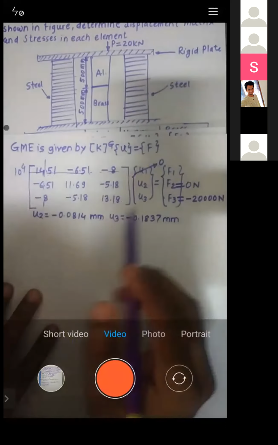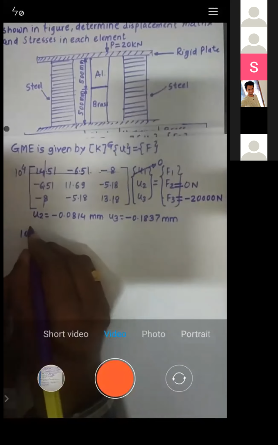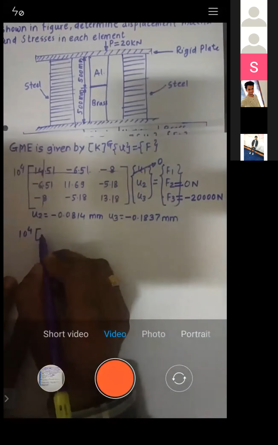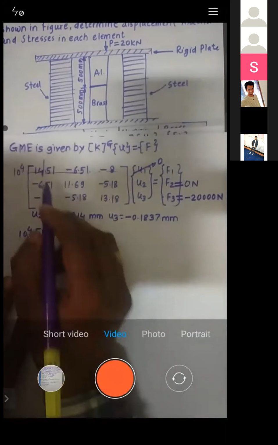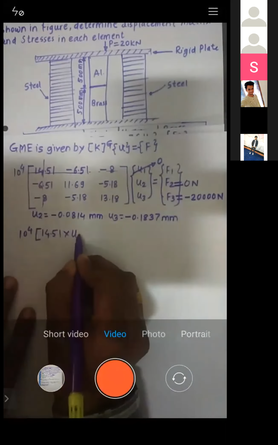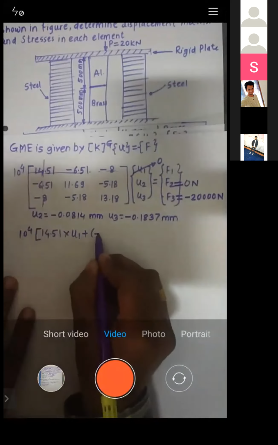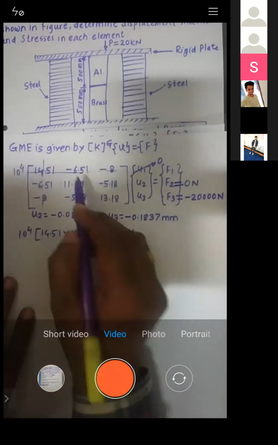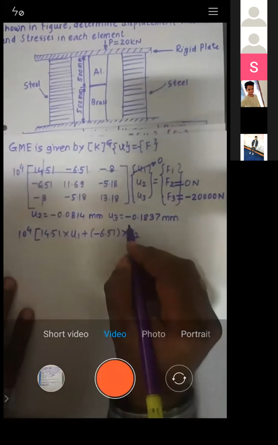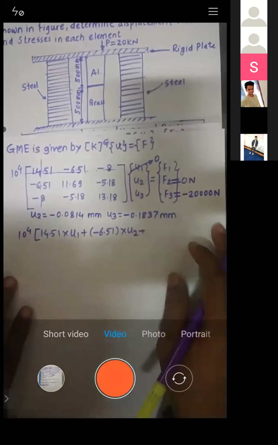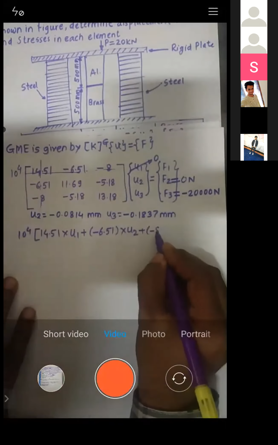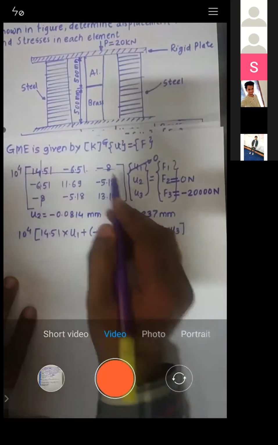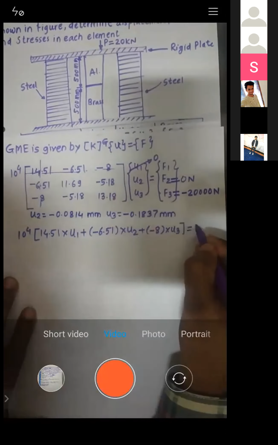This row multiplied by column, right? So 10 raised to power 4 inside a bracket, 14.51 into U1 plus minus 6.51 into U2, plus minus 8 into U3 is equal to F1.